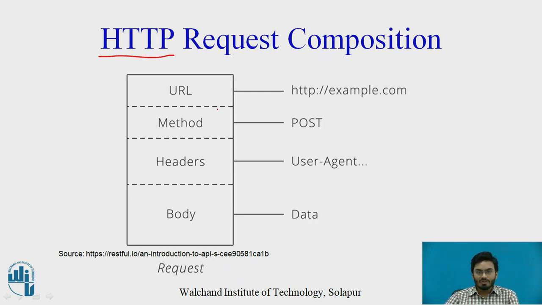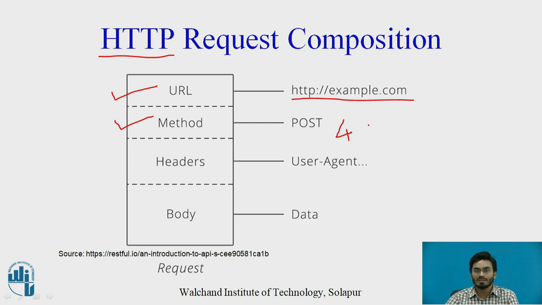The request cycle of HTTP is composed of four things. The first one is the Uniform Resource Locator, as you can see, www.maybegoogle.com. That's a URL. Inside the frame format of this particular HTTP request, you have a second entity, which says method. Methods are basically of four types. The first method is get, the second one is post, the third one is put, and the fourth one is delete.